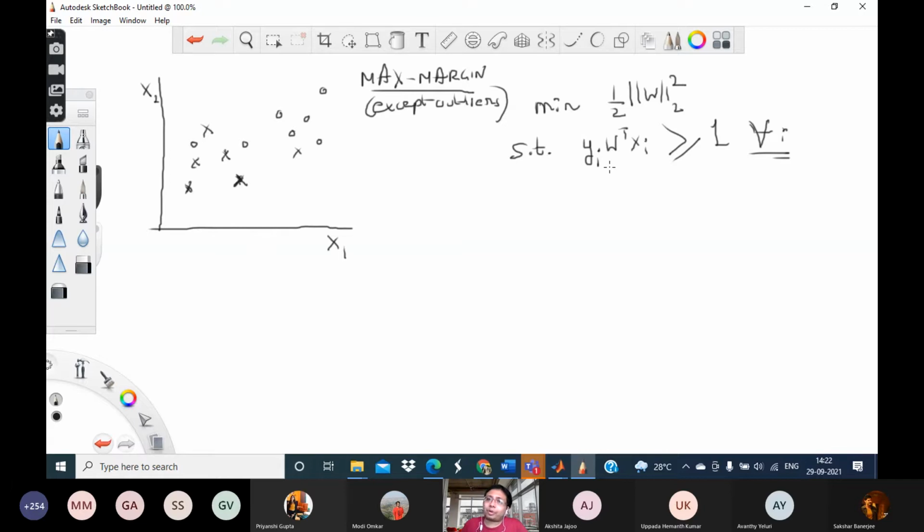But here again is a problem. We do not know which points are outliers and which are not. It all depends on perspective. Say if we are considering this kind of a classifier, then maybe this circle, this circle and this cross are the outliers.